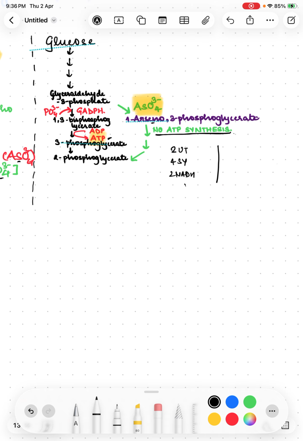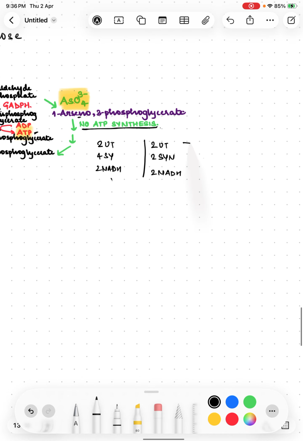But if arsenate is added, only two molecules will be synthesized during conversion of phosphoenolpyruvate to pyruvate. In the initial reaction we utilized two, and two are synthesized, and two molecules of NADH have already been synthesized. Now when we remove these two utilized and two synthesized, we have 0 ATP synthesis. So if arsenate is added as an inhibitor during glycolysis, we get only two molecules of NADH.